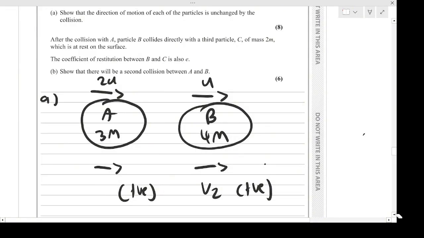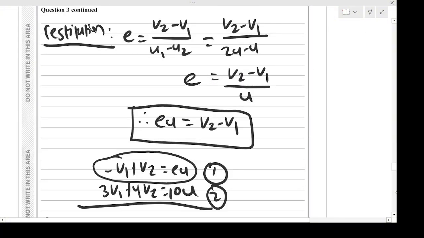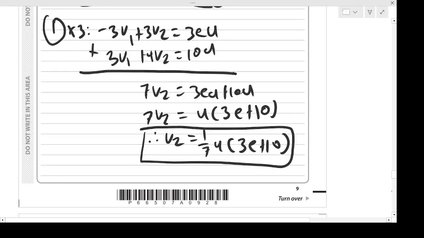Because let's say if we had a minus 3 here for my velocity, that would tell me I'd have to reverse the direction to make it positive. I don't want to reverse the direction. I want to say that they are continuing going forward. So both v1 and v2 must be positive to make sure I don't flip it. So I just need to show that v2 and v1 are positive.